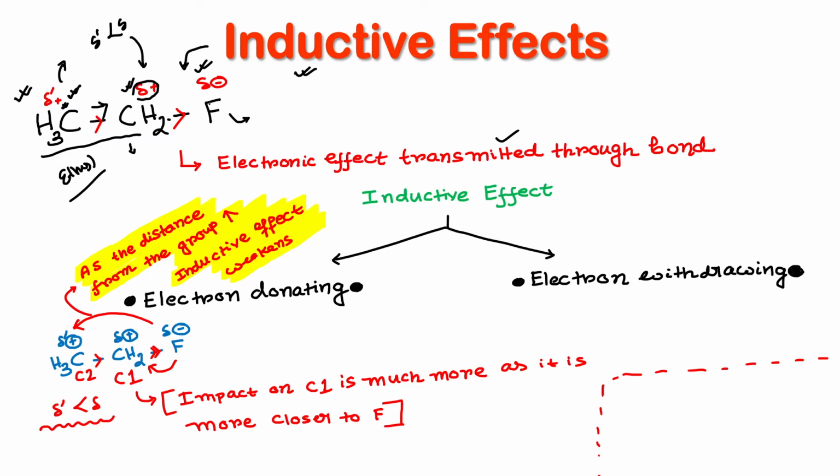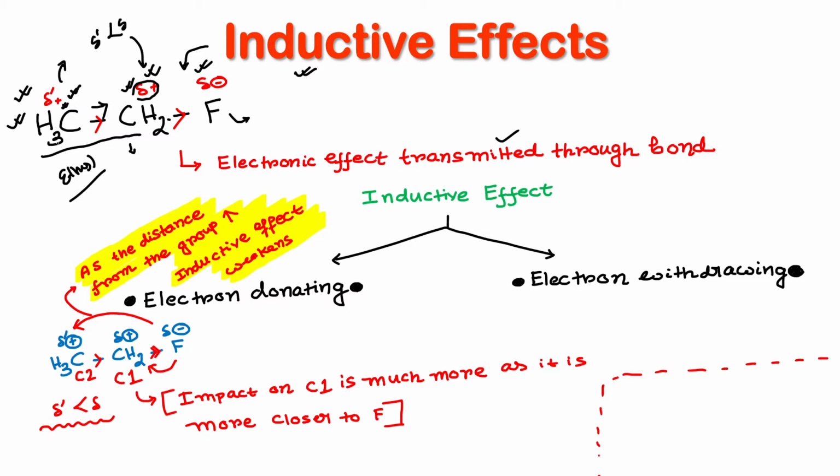So this fluorine atom basically induces a partial positive charge on this carbon atom, and another partial positive charge on this carbon atom. That's why we call this effect an inductive effect. I think now the idea of the inductive effect is a bit more clear to you.